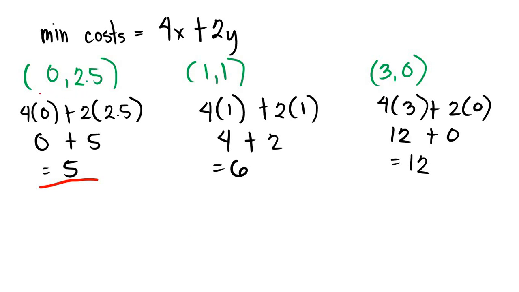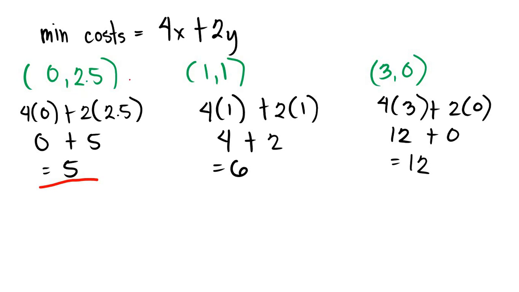To interpret, to get the minimum cost of the athlete's drink, and at the same time have the athlete still get the minimum requirements for proteins and carbohydrates, the athlete will not drink the first drink, but will drink 2.5 of drink 2 a day.